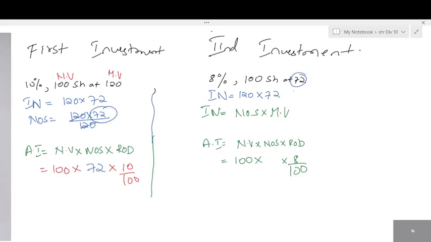Write one below the other, even that is fine. I don't have space, so I'm writing one beside the other. Investment one, investment two.